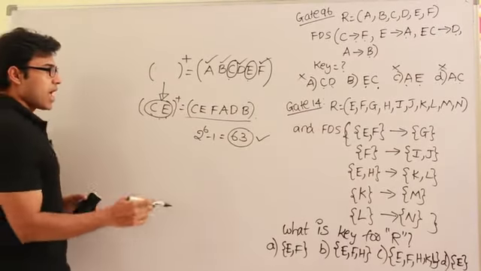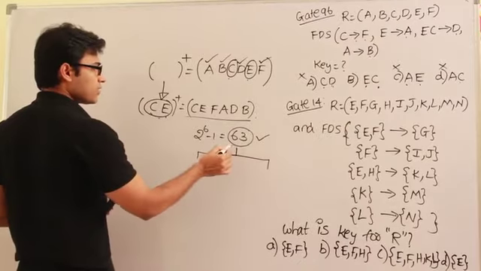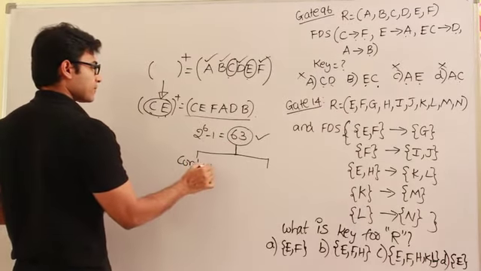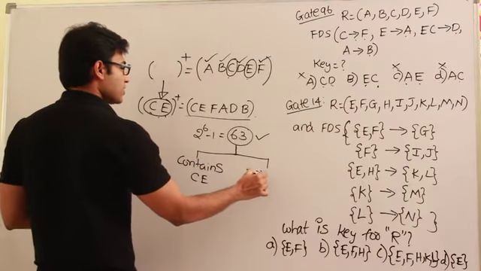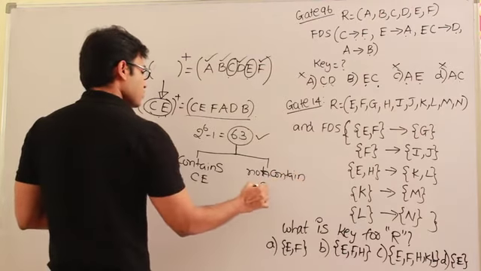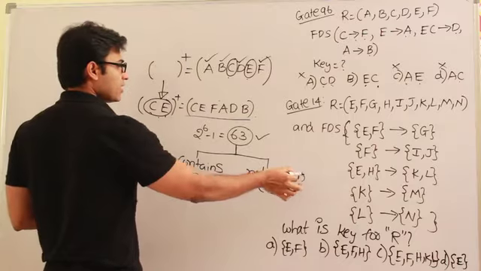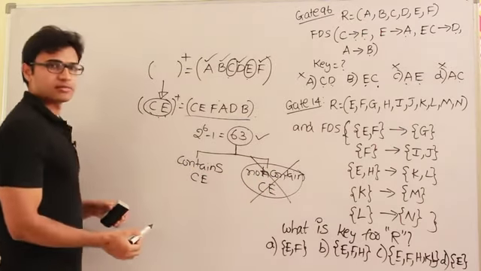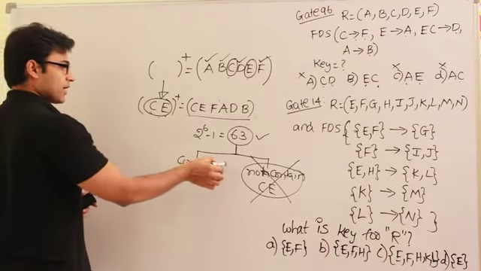Now out of these 63, I can classify them into two types. One is the set of all subsets which contain CE, and the other is the set of all subsets which do not contain CE. The subsets which do not contain CE are definitely not in the race. They are out of the race. What remains are the subsets which contain CE.